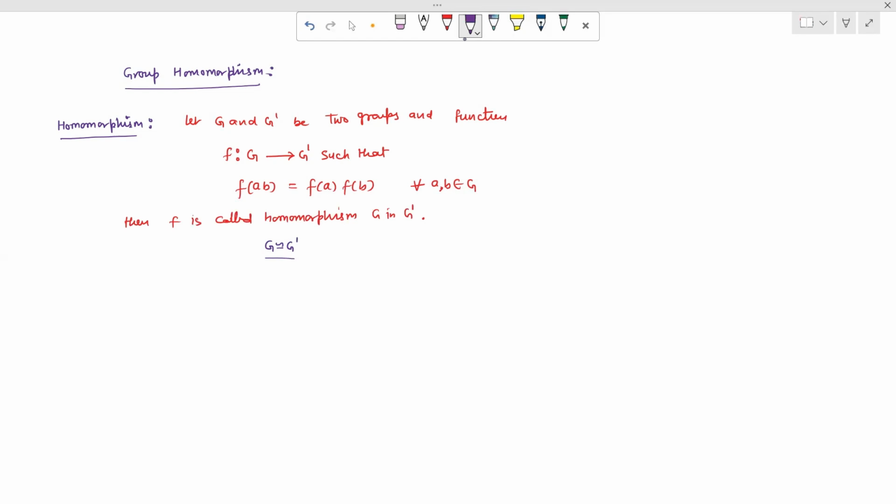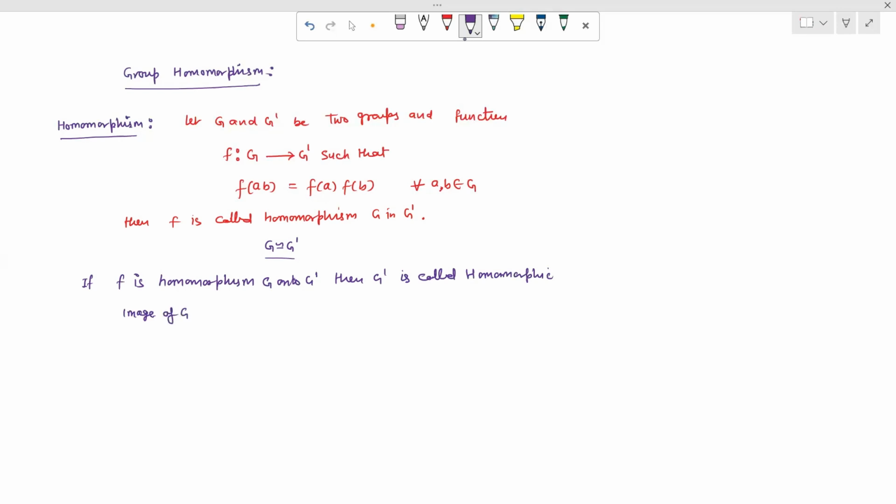Now we extend this definition: if f is a homomorphism G onto G dash, then G dash is called the homomorphic image of G.